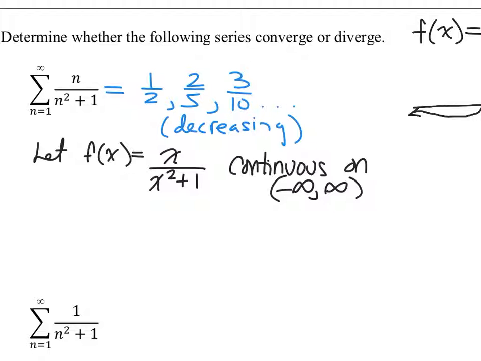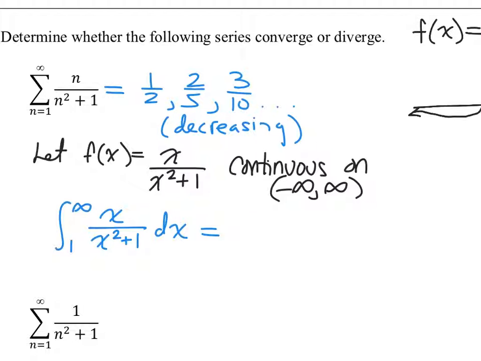So now what I want to do is integrate this on the interval of 1 to infinity. We'll have x over x squared plus 1 dx. All right. So that's actually really not difficult. All right.